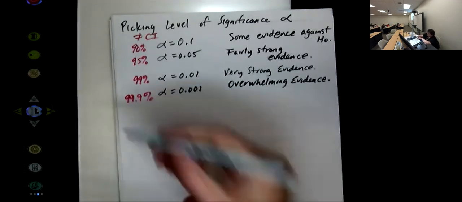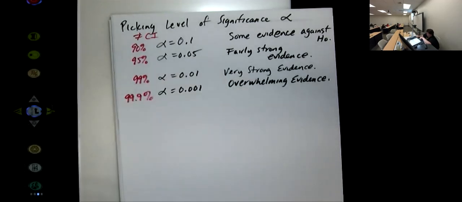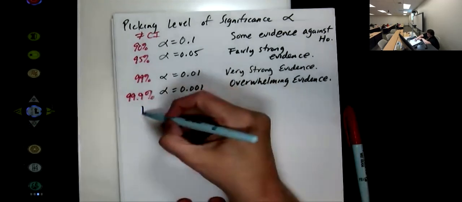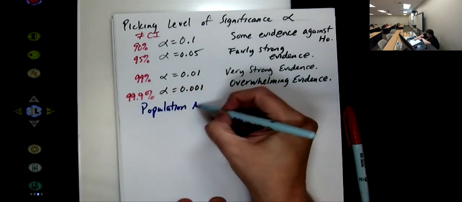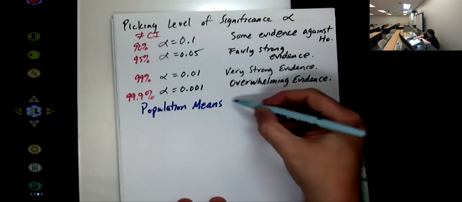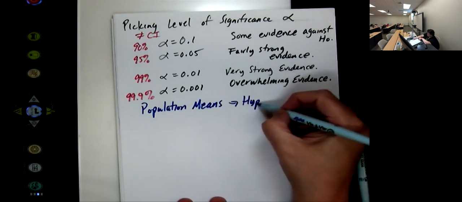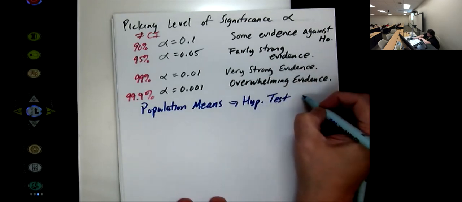Okay, that's just some information to think about. We can also not just check population proportions, we can do this kind of thing with population means. We can do a hypothesis test for one sample based on means.